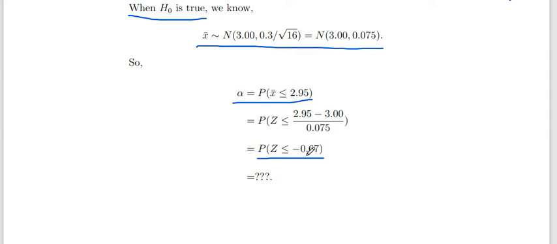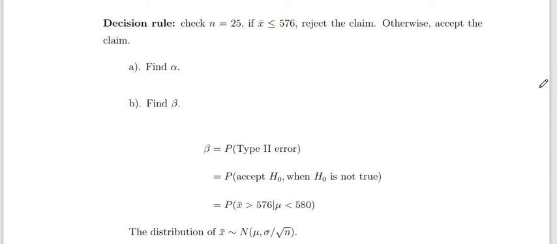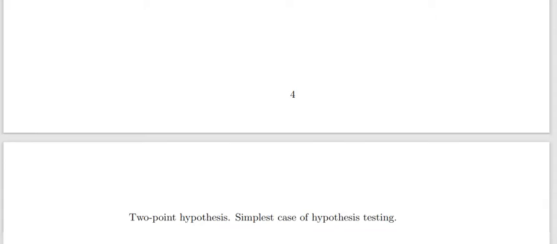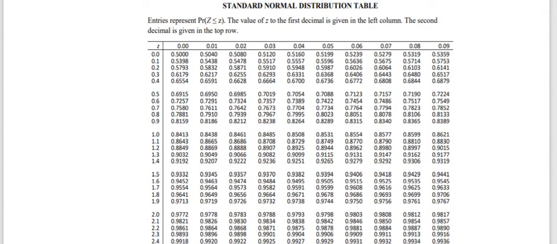So let's check 0.67. We just check the table: 6, 7.